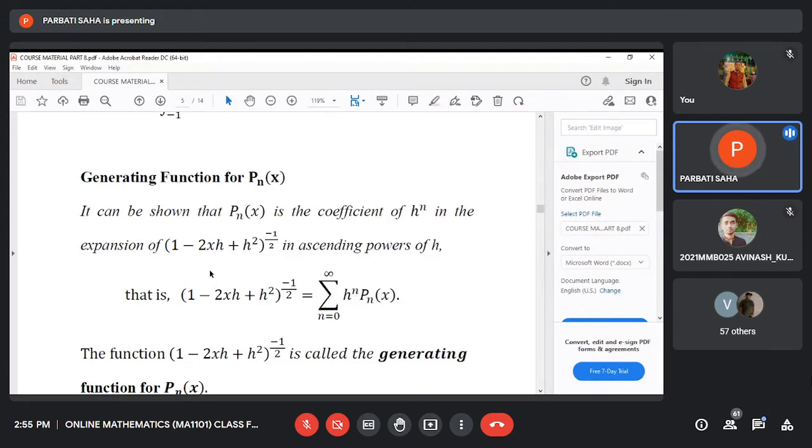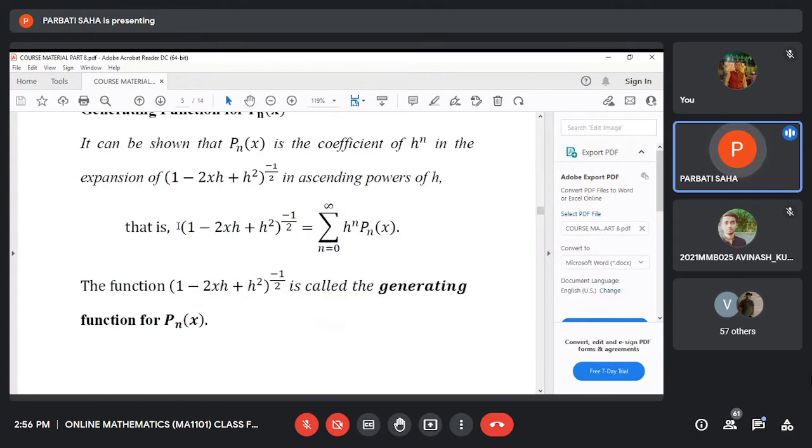This has been expressed in ascending powers of h, and in that case Pn(x) is the coefficient of h to the power n.